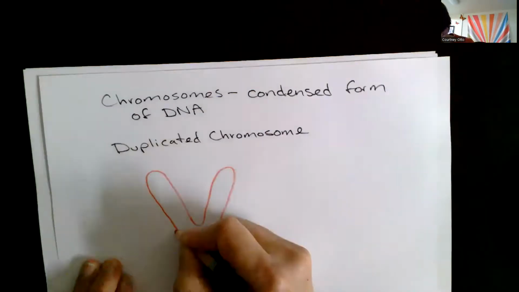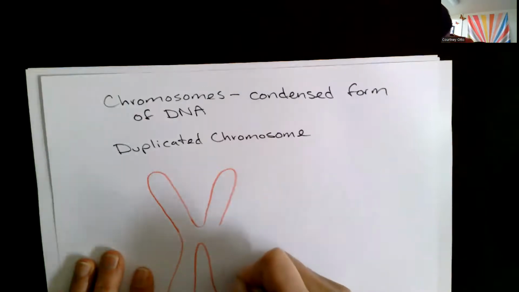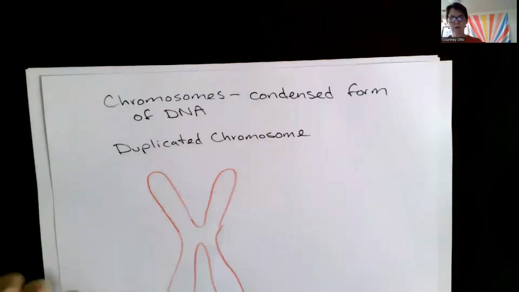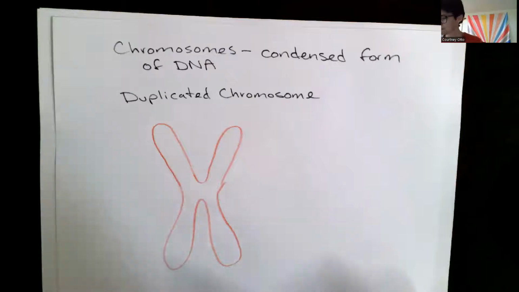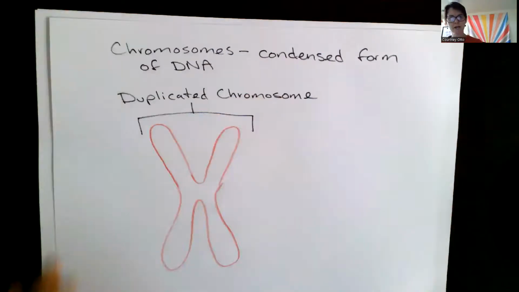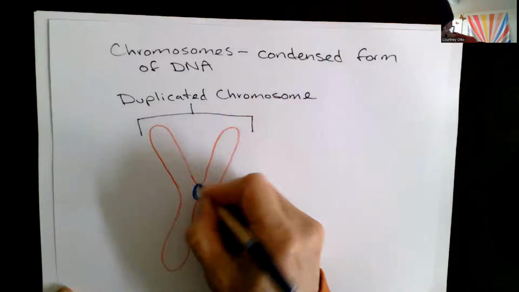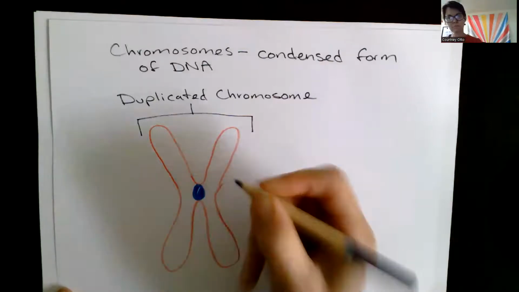And we'll look at some real pictures of some in a second. Right, all of this is my duplicated chromosome. Right, this whole thing is that duplicated chromosome. The two halves of it are going to be attached here in this little central region.